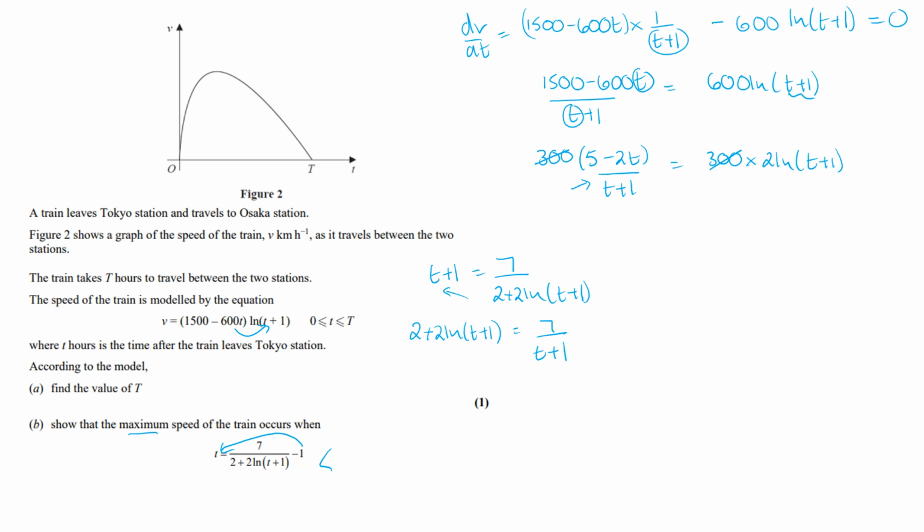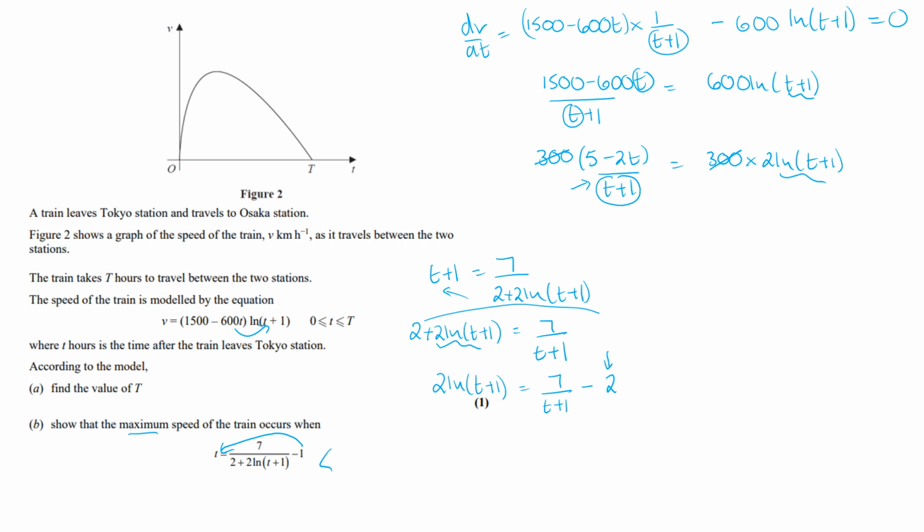Now that's looking good. I've got the t plus 1. I just want 2 the ln of t plus 1 on its own, so I'll take this 2 to the other side. 2 the ln of t plus 1 is equal to 7 over t plus 1 minus 2.